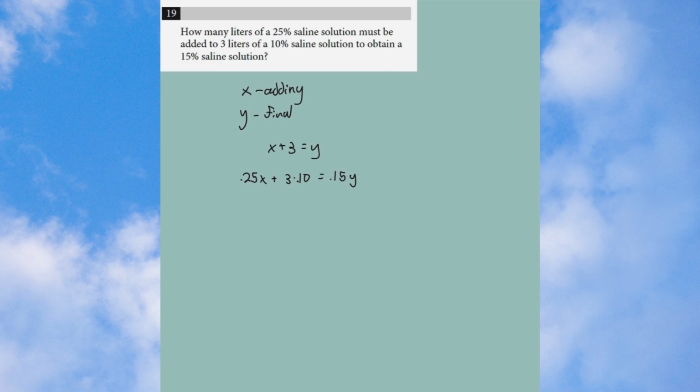Now we can solve for this. We have y is equal to x plus 3. We'll do substitution. It'll be easier. So we have 0.25x plus 0.3, if we do this multiplication, is equal to 0.15 times (x plus 3).